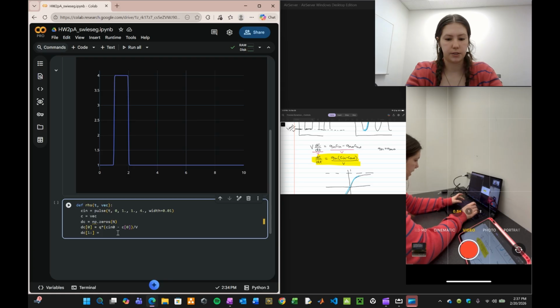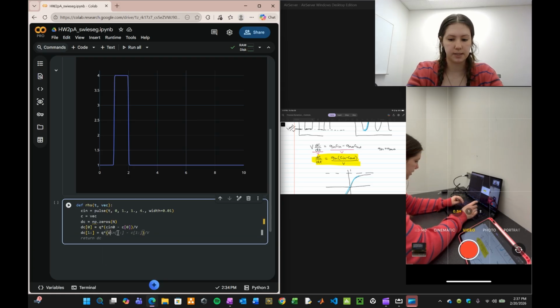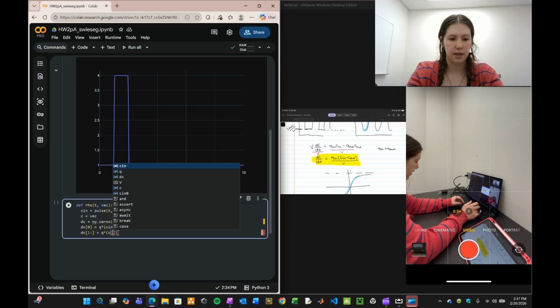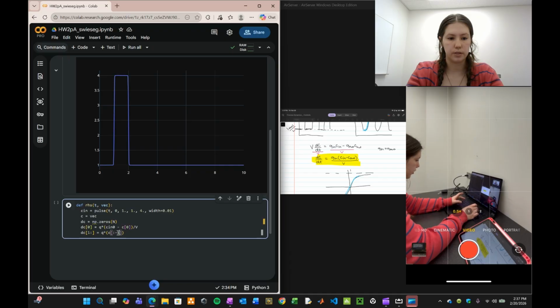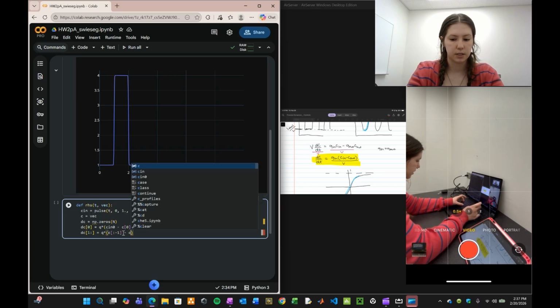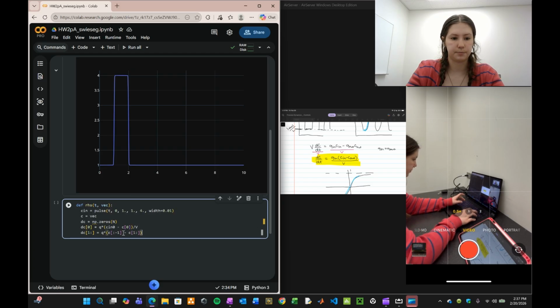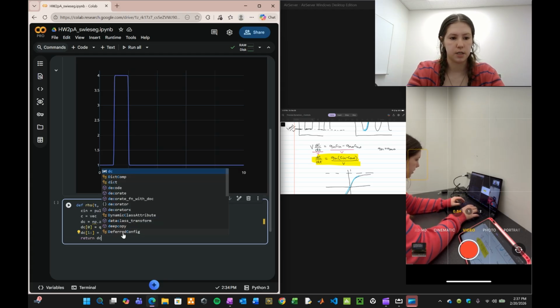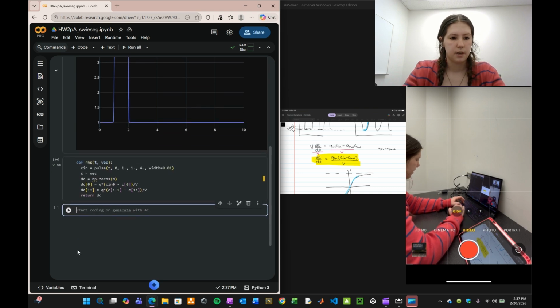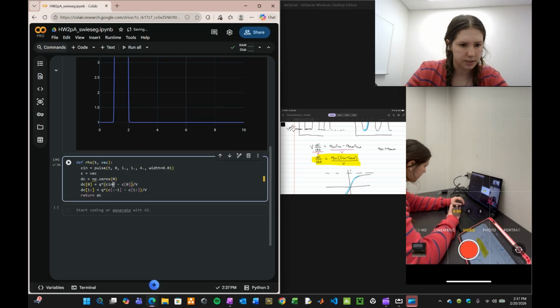We want to define as Q times C, and then we want this to go until our second to last term, and we want to subtract C from 1 and on, divided by V. And then we want to return DC. Okay. Sorry, I think this is actually supposed to be Cn, because we defined it as Cn up here.